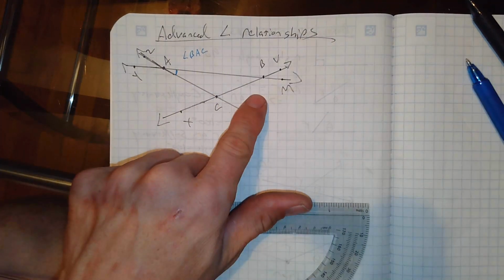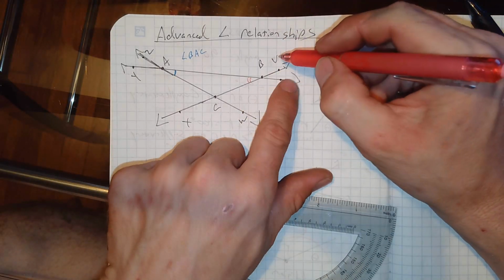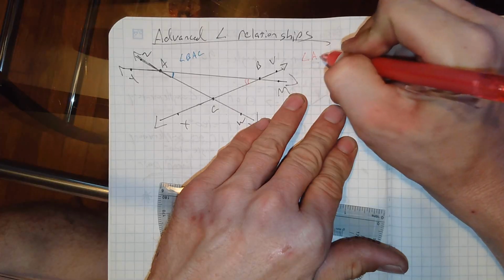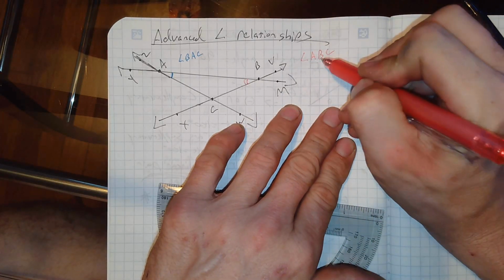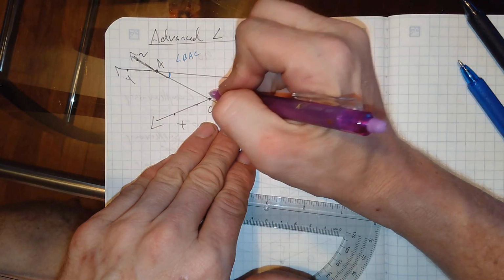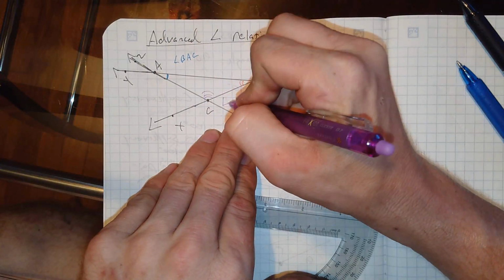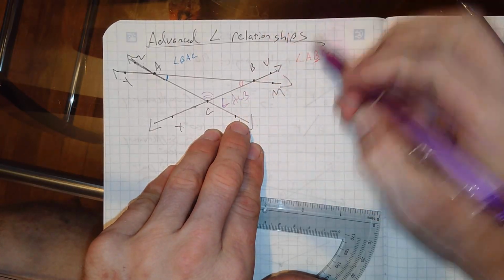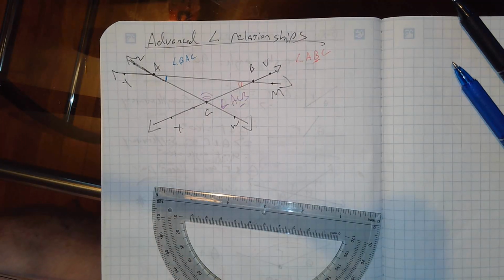All right, this angle here is angle ABC. It could be CBA, but what is important is that the middle letter is the vertex. And then this one here, we'll give it three lines. This is angle ACB, or angle BCA, with C being the middle letter.